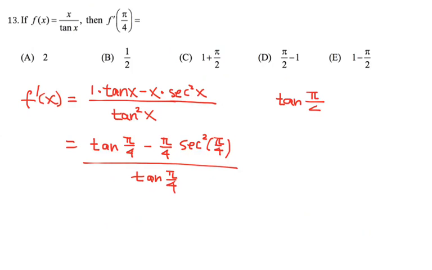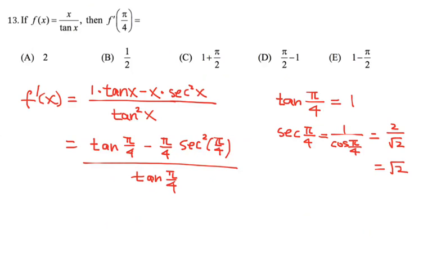Pi over 4 is simply a 45-degree angle. So tangent of 45, as many of us know, is equal to 1. How about secant of pi over 4? Secant of pi over 4 is in fact equal to 1 over cosine of pi over 4. But we know that cosine of pi over 4 is radical 2 over 2, and the reciprocal of that becomes 2 over radical 2. Now, you can simplify this quite easily, saying that it's equal to radical 2.